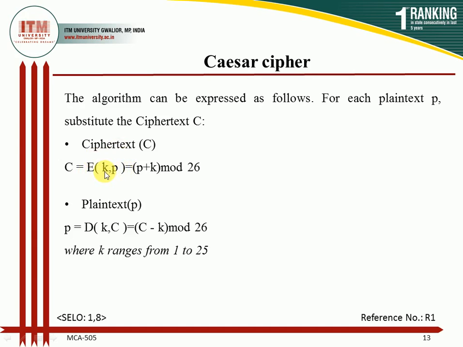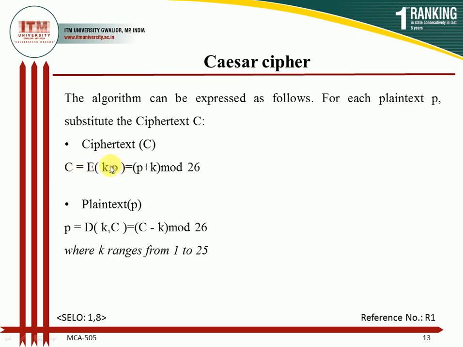So this is the key, and P is your plain text. How do we convert plain text to cipher text? We perform encryption, and the inputs for the encryption are k comma P. It means the plain text is required and the key is required for encrypting the plain text to cipher text.